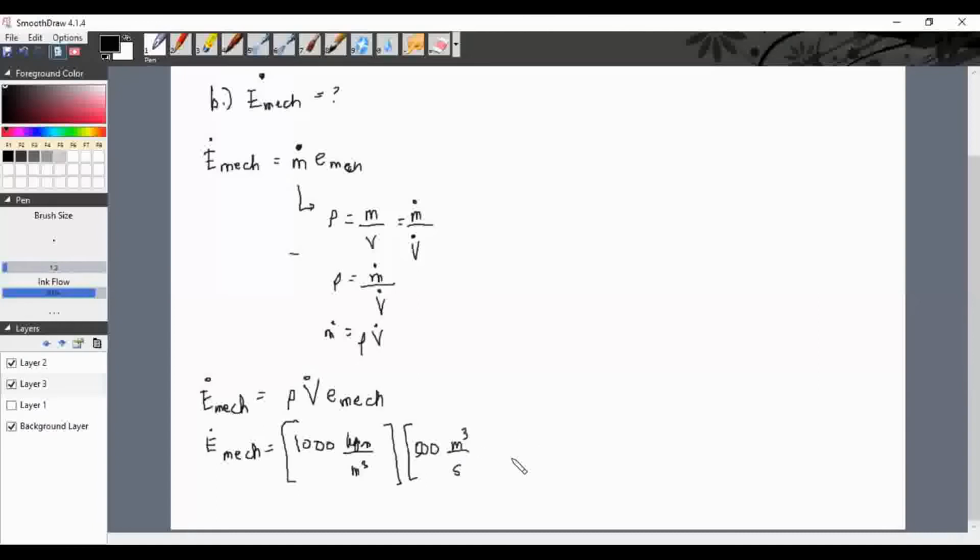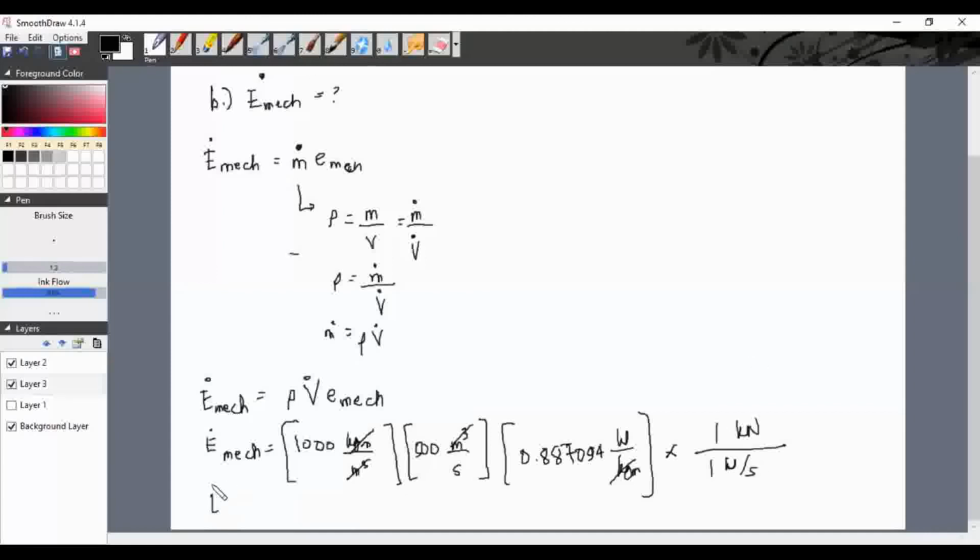And then, yung na-compute natin kanina is 0.887094 kilojoules per kilogram mass. So, cancel ito. Cancel din ito. So, matitira is kilojoules per second. Then, convert na natin, no? 1 kilojoule per second is 1 kilowatt.